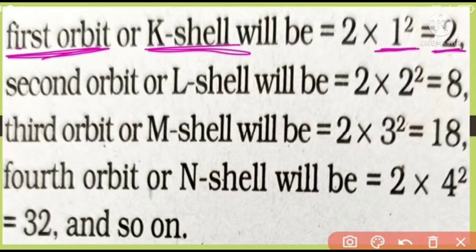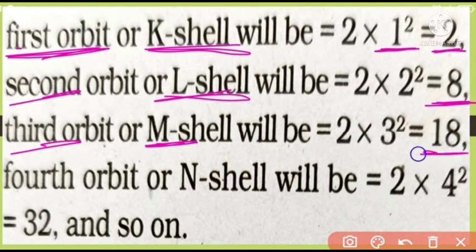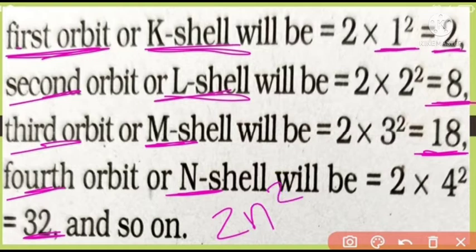The second orbit or L shell contains a maximum of 8 electrons. The third orbit or M shell contains a maximum of 18 electrons. The fourth orbit or N shell contains a maximum of 32 electrons. These are all calculated by the simplest formula, 2n square.